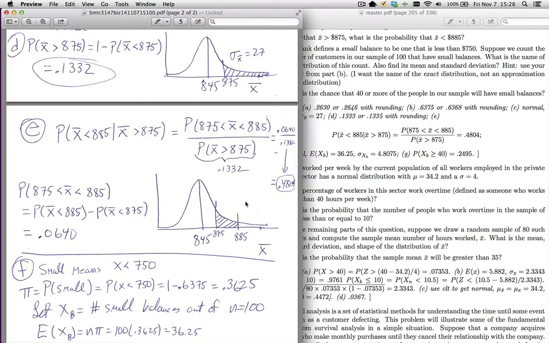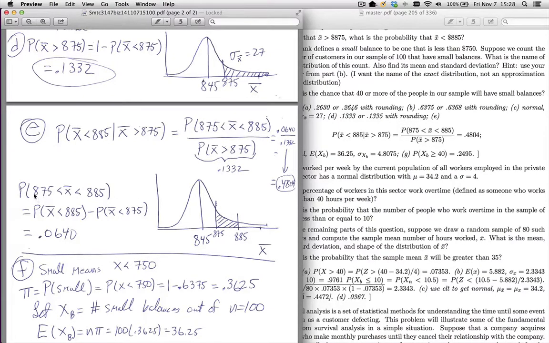So let's try to visualize what this thing is asking for. We have some extra information. That extra information is that we are somewhere in this tail. Now, if we're somewhere in this tail, what is the probability that we're in the slice relative to being in that tail? That's the way to think about this. So let's find the slice probability.